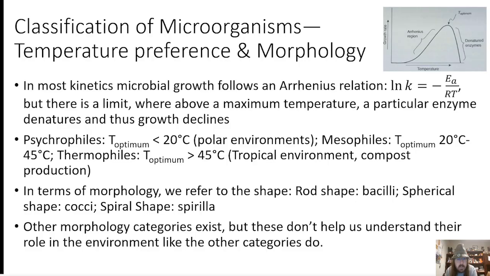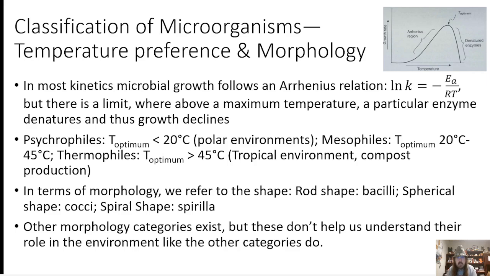And one of the last ways we can classify these organisms is by temperature preference or morphology, their shape. In most kinetics, microbial growth follows an Arrhenius relation, which we talked about in Gen Chem: the natural log of the rate of growth is equal to an activation energy barrier over R and the temperature.